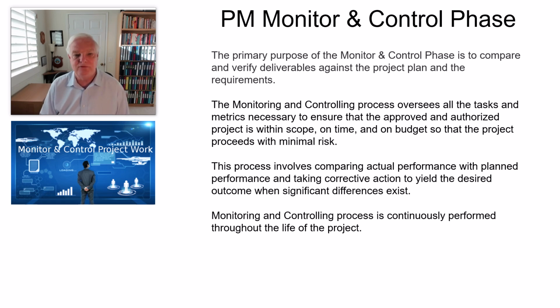This process involves comparing actual performance with planned performance. That's the earned value management system. It's tracking earned value and taking corrective actions to yield the desired outcome when significant differences exist. Monitoring and controlling is continually performed throughout the life of the project.